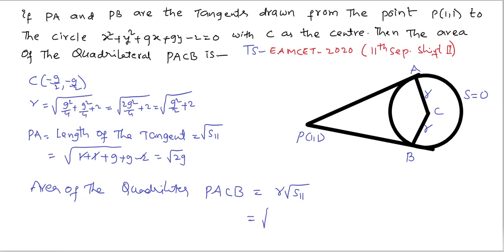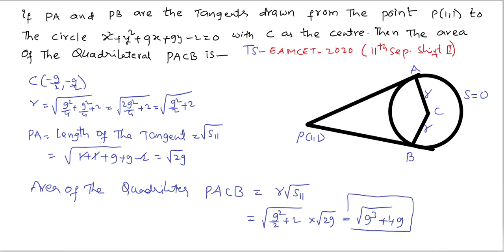R value is the root of g square by 2 plus 2, into root S1 value root 2g. Multiplying these two, 2g into g square by 2, the 2 cancels, that is g cube plus 2 into 2g. So the area of the quadrilateral is under root of g cube plus 4g.